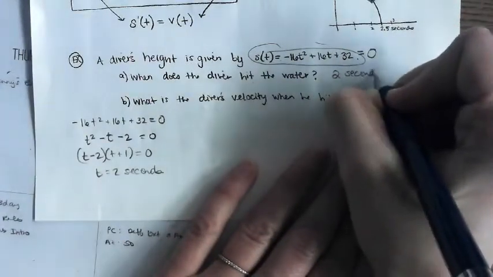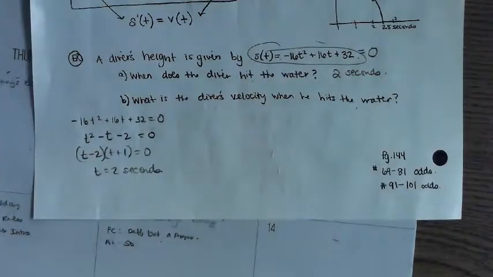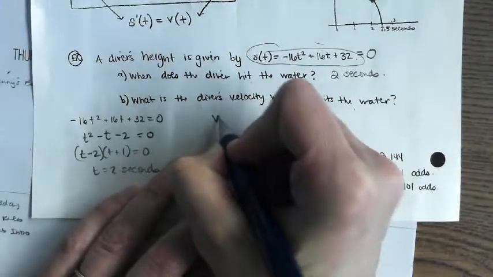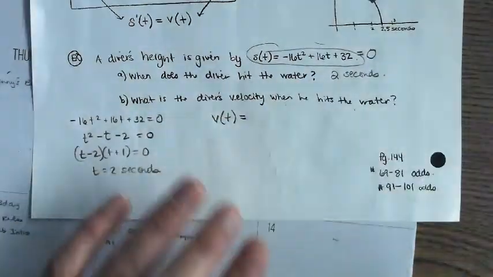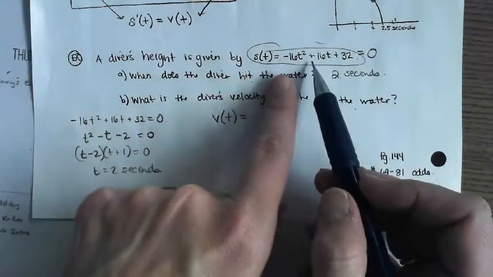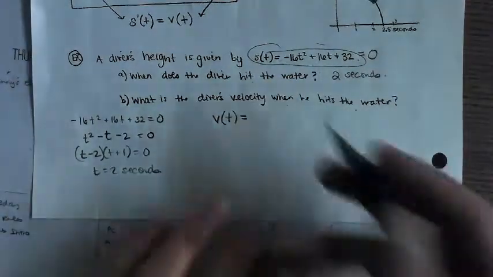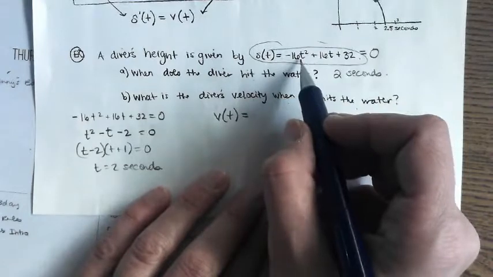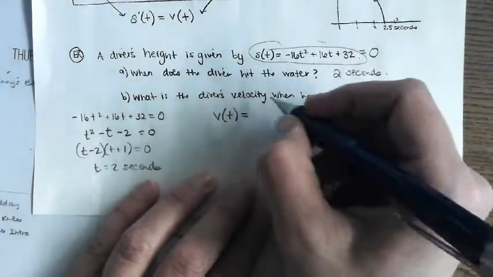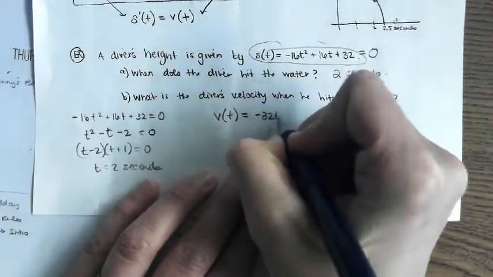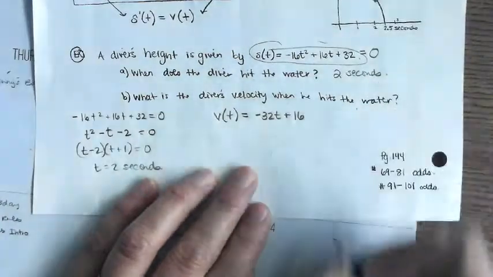So what is your velocity at that moment? Since your velocity formula is always just the derivative of your position formula, what is the derivative here? Negative 32t plus 16.